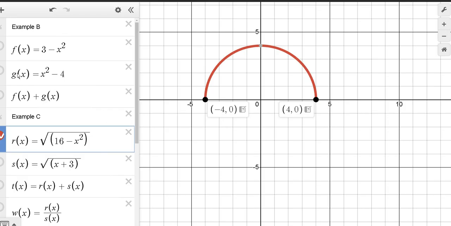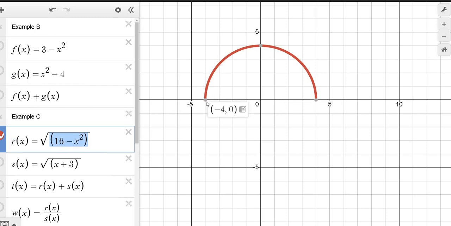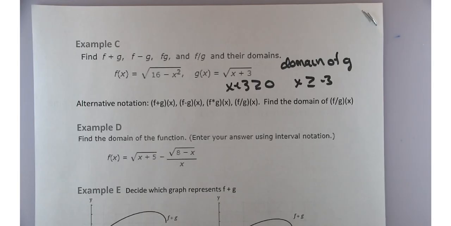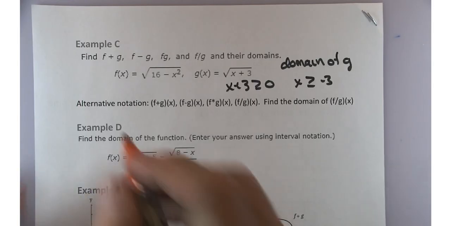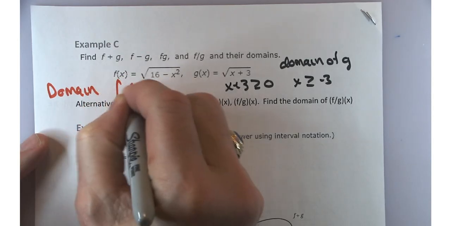I can only have it defined once, so that's why it's got an r of x here. But it's really our function f of x, 16 minus x squared. Michael, I think you had the domain there. What's the domain on that one? Negative 4 through 4. All right, good. The domain here is negative 4 to 4.